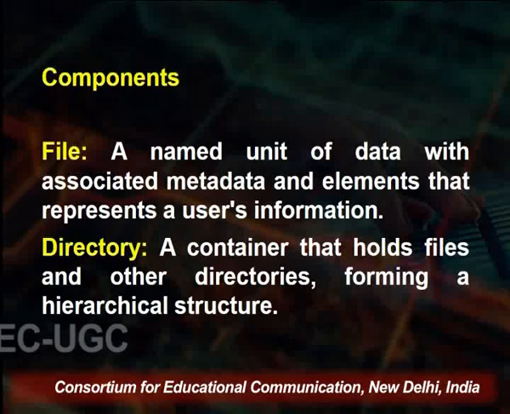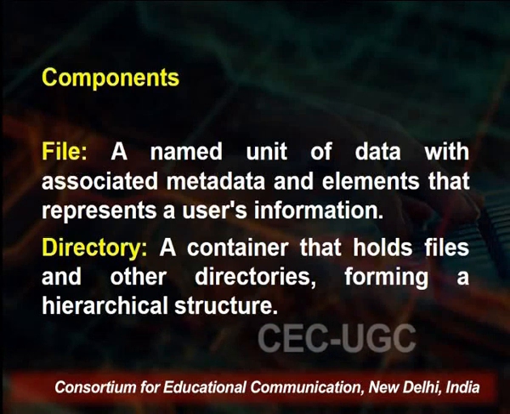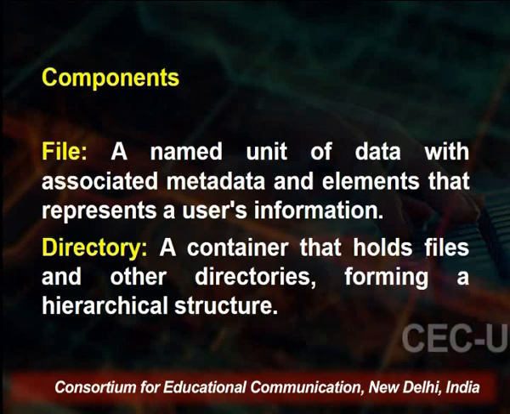The next component is the directory. A directory is a container that holds files and other subdirectories, and we have also seen the tree level structure of a directory in our previous lecture. Nowadays these directories are arranged in the form of tree level structures.